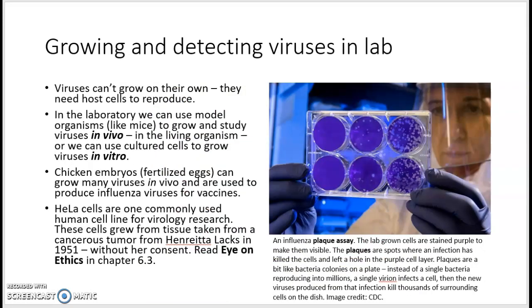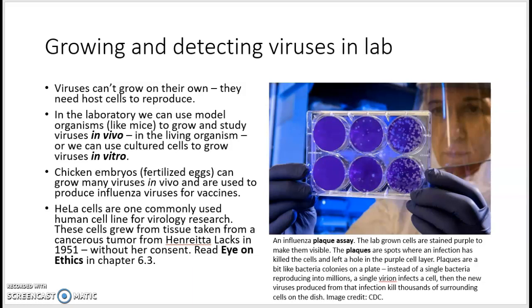So, viruses are obligate intracellular parasites, and so some of the tricks that we use to study these viruses in the lab are a little bit different than we do with bacteria. So when we grow bacteria on agar plates, viruses can't grow on their own. They need host cells to reproduce. So in the laboratory, we can use two different systems to grow and study viruses.